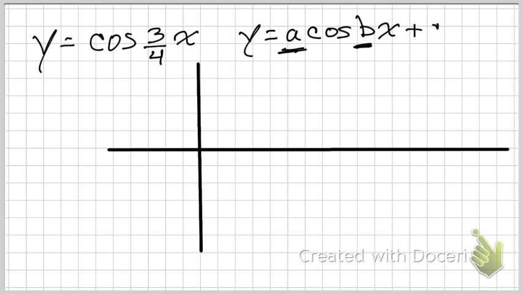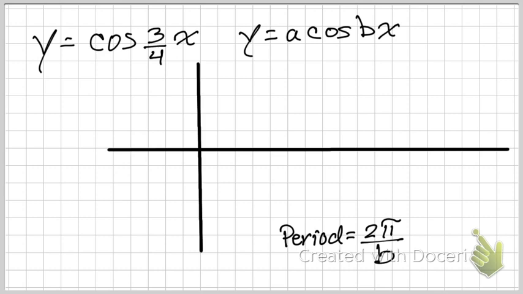And we could also do a plus c out here as well, but we're not going to look at that. So a changes or b could change. And this b is telling me the period. The period of these cosine and sine graphs is 2 pi over b.